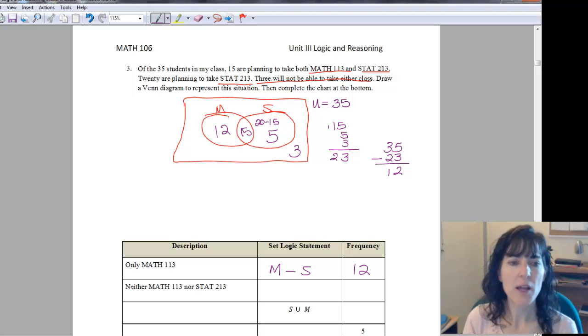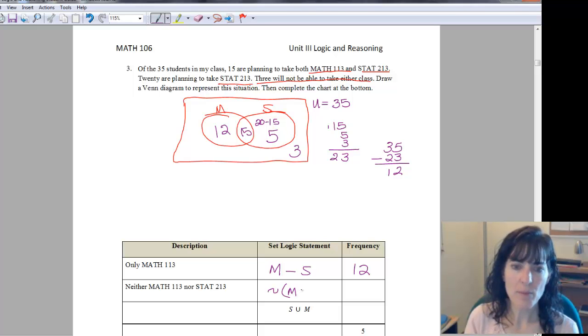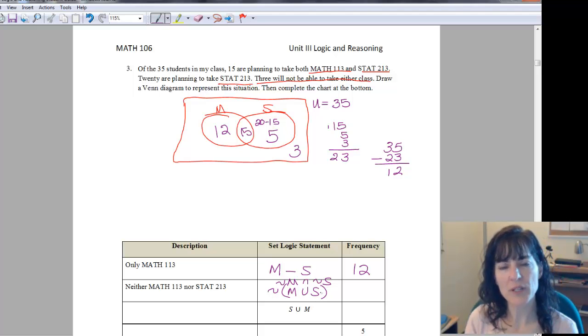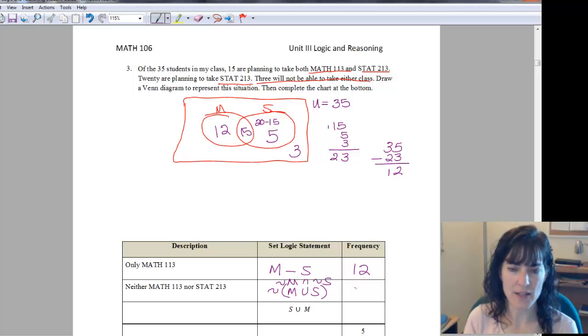That'll work. And then neither Math 113 nor Stat 213. Now we've seen that before. Neither, Math union Stats is one way to say it. Or we could say not Math intersect not Stats. Those two are equivalent. Mostly you're going to see the second one in this class. So not Math union Stats.